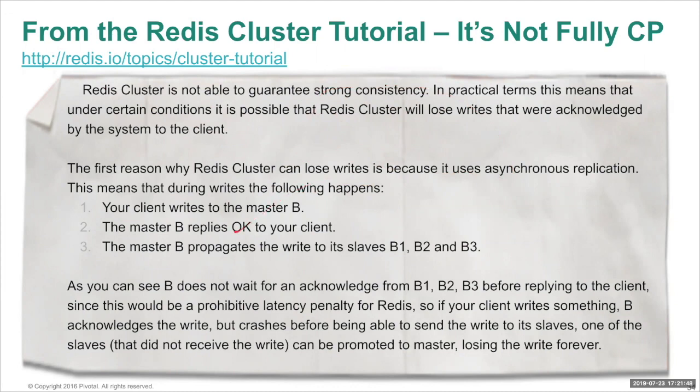It says there is a chance that you can lose writes because of asynchronous replication, and it explains what kind of scenario makes that happen. So that's a drawback Redis has for that particular use case, strong consistency.